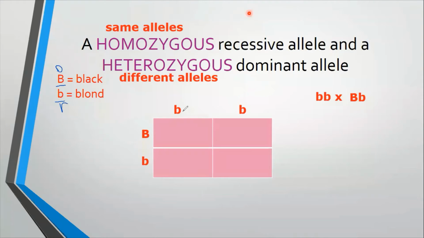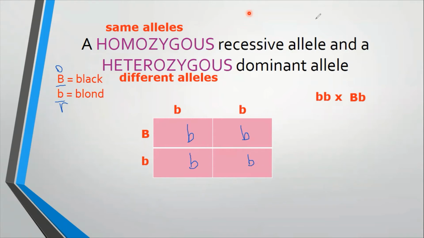So here I'll enter this here, then this here, and this here. So we will have in all B small, B small, B small, B small. So here, write B small, B small. Answer with me. You can draw your own Punnett Square on the paper and solve with me.